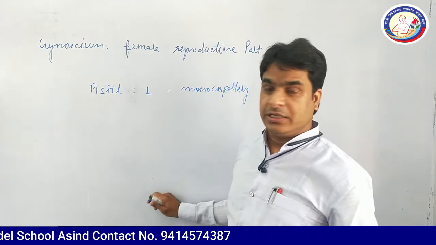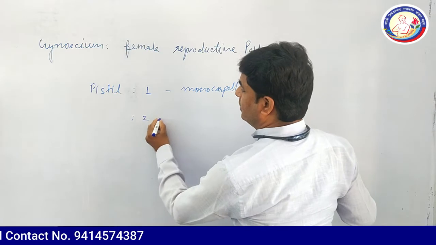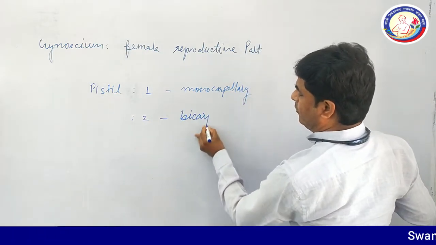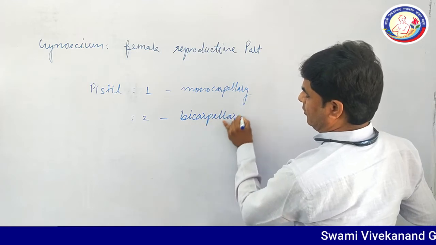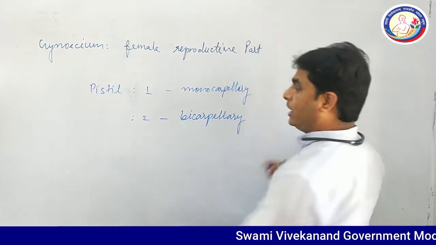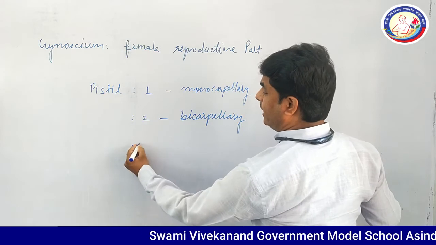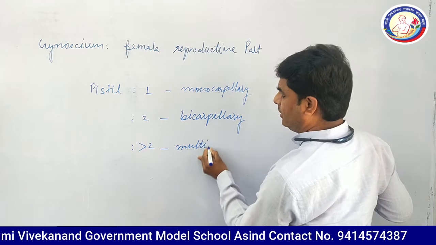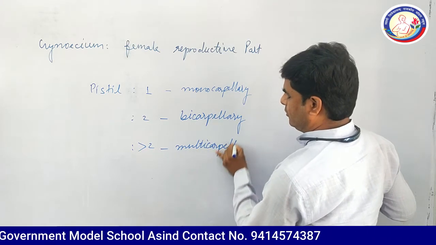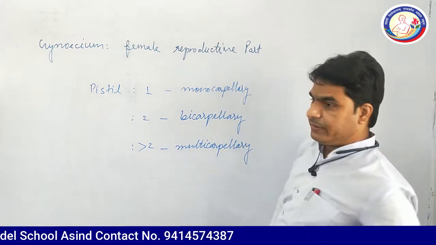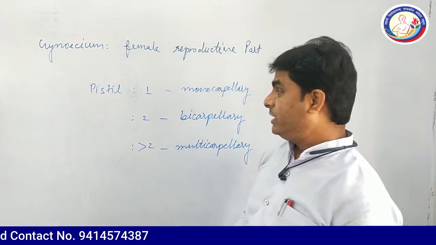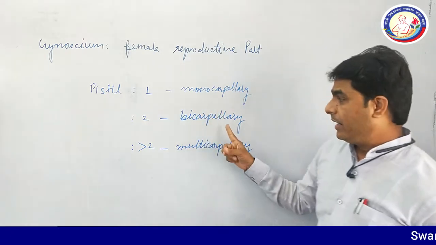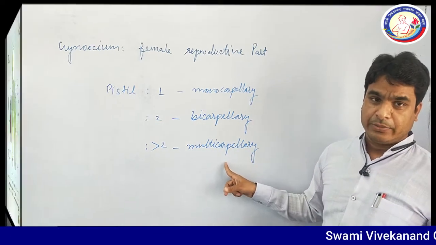If the number of pistils is 2, then it is known as bicarpellary. And if the number of pistils is more than 2, then this is known as multicarpellary. So these are the types: monocarpellary, bicarpellary, and multicarpellary.